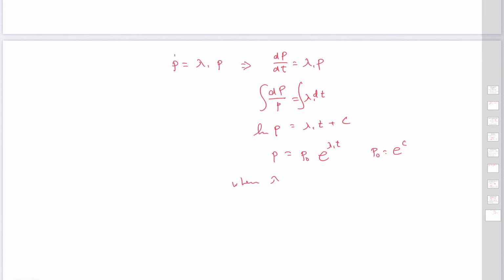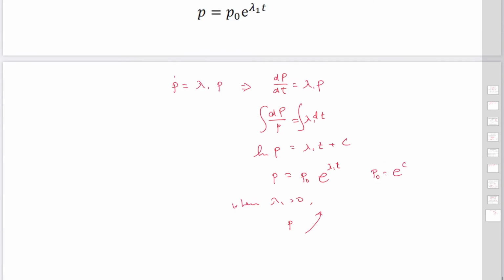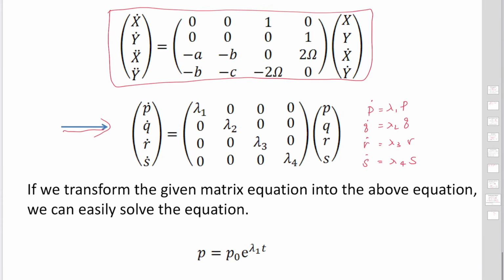When lambda sub 1 is positive, P increases toward infinity. This corresponds to an unstable mode. Okay, so once we can transform this equation, we can easily solve the equations. Okay, this is the end of this session.